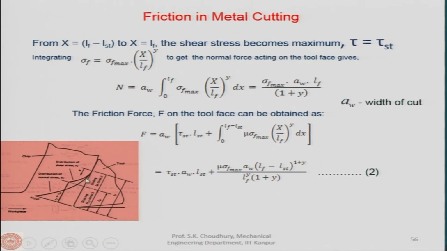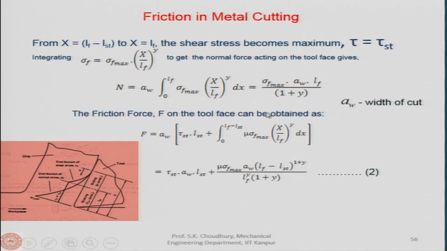But for this one we have to take the area under the curve, from x equal to 0 up to LF minus LST, and what we integrate is the tau. So this is the normal stress into mu. We have to multiply by mu, so this will be the shear stress.